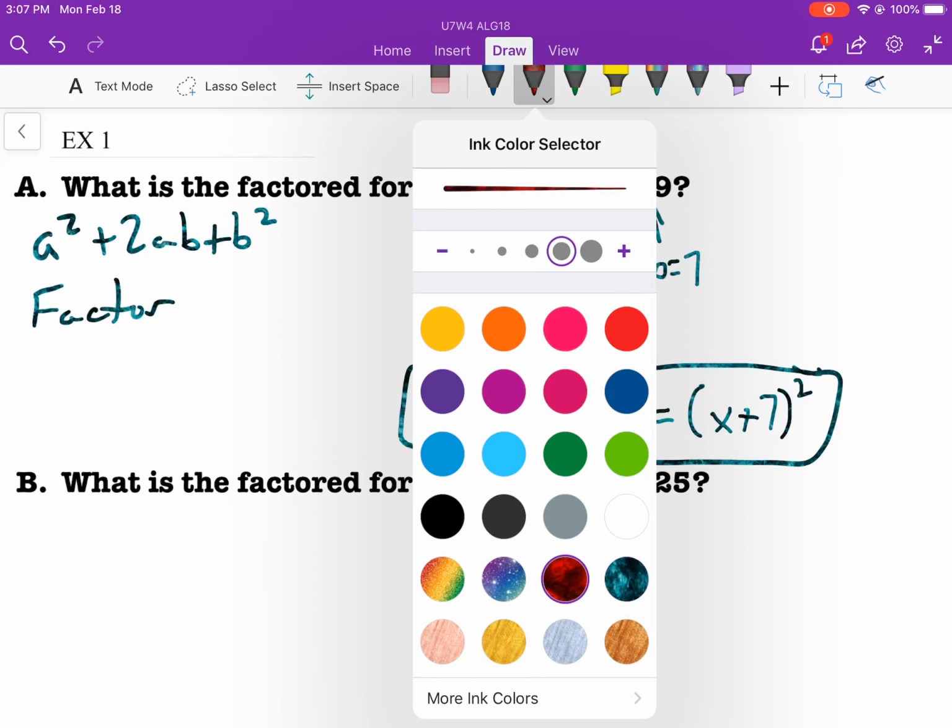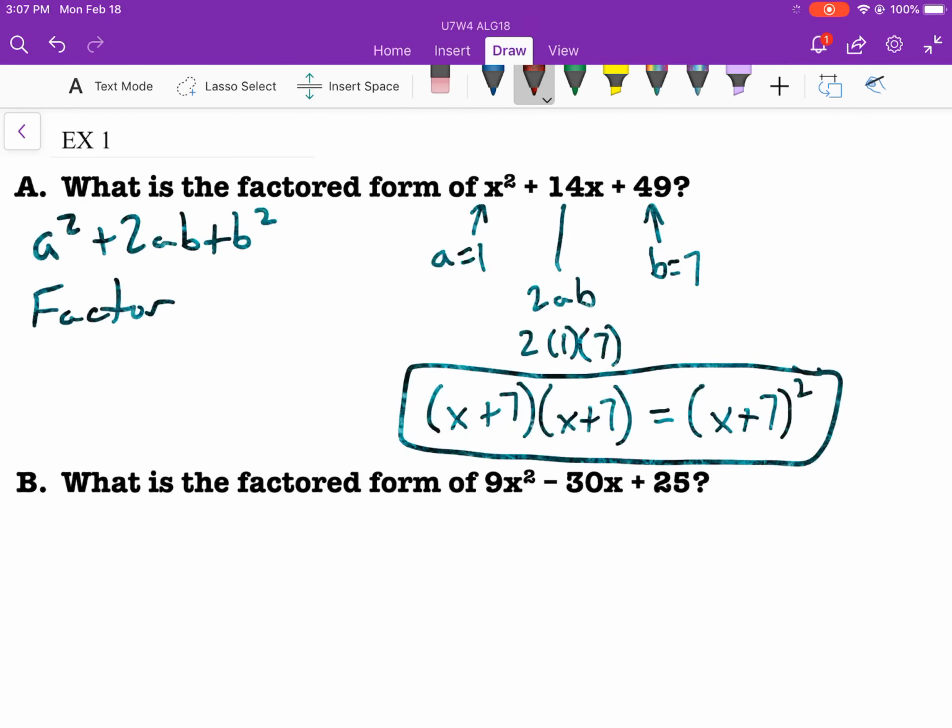Another example. Same thing. So we want to factor this. We say, what is the value of a? A is equal to 3. What is the value of b? 5. And is this 2 times a times b?